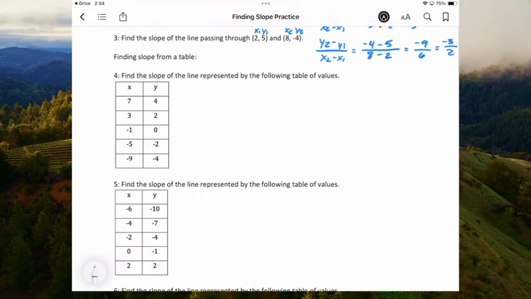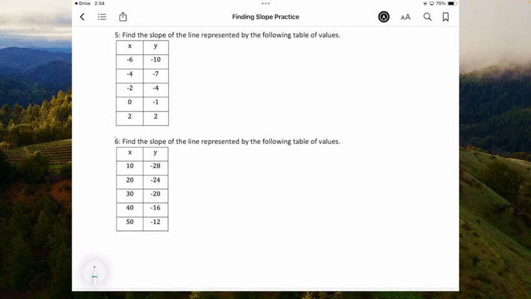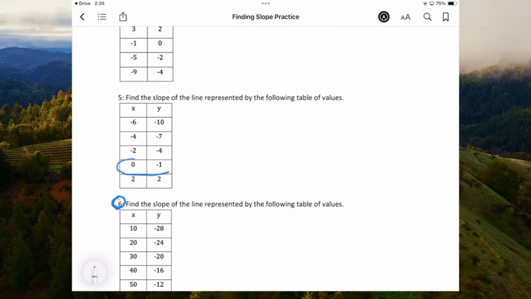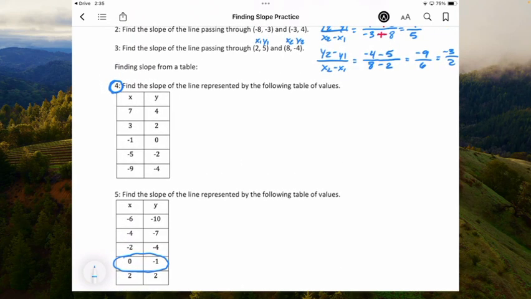Down in the tables, we are not going to find a y-intercept or an equation for number 4 or number 6. We will for number 5, because number 5 has a y-intercept that we can identify. Okay, here we'll go x1, y1, and x2, y2. y2 minus y1 over x2 minus x1.